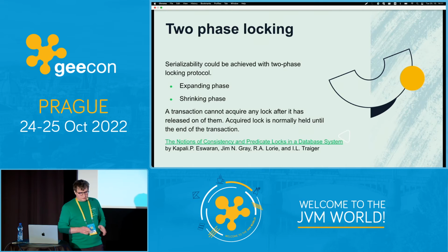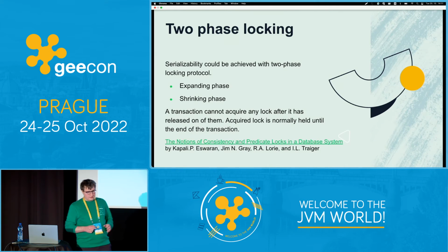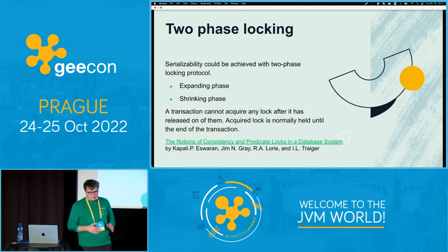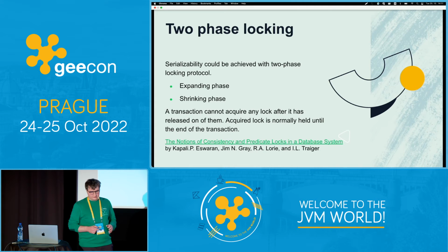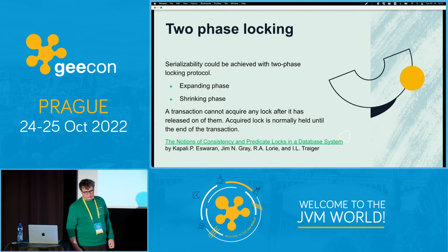After that, it will execute its actions, and then it will start releasing the locks. If your transaction cannot acquire a lock, it will have to release all of the locks that it has. And if your transaction released a lock, it cannot acquire new locks.